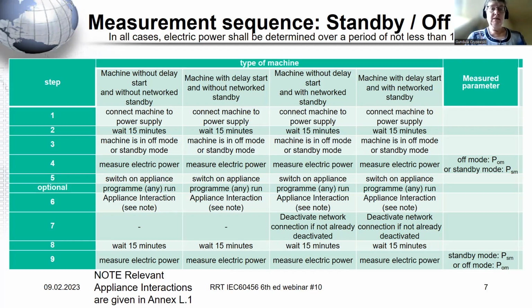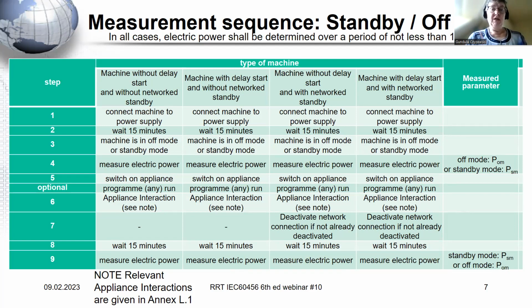And in any case, first you have to connect the machine to the power supply. And remember, you wait for 15 minutes, and then the machine could be in off mode or in standby mode and can be measured. Then the second step is to switch on the appliance if it was not switched on. And then you may, because it's optional, program any run. That means it can be any program from the program dial, and you program that.